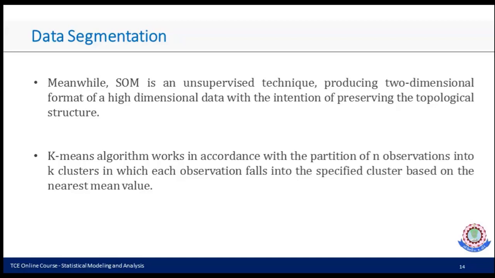Here, the neurons from the output layer are usually ordered in a two-dimensional rectangular grid or a hexagonal grid. So in this algorithmic technique, each input is connected to all the neurons on the output layer with a weight value, with a keen focus on the number of variables that is used for analysis.